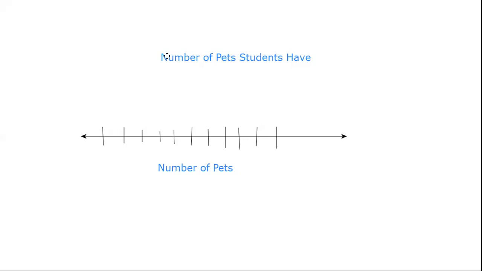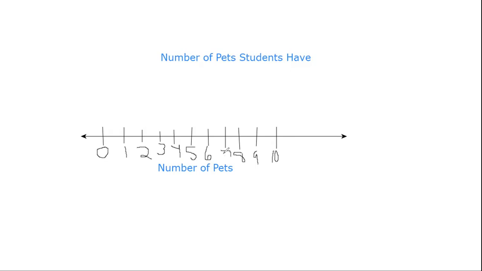And now I think I'm just going to write the numbers in. So this is going to be 0, 1, 2, 3, 4, 5, 6, 7, 8, 9, and 10.